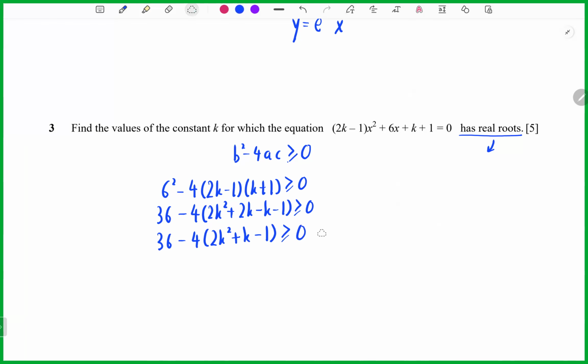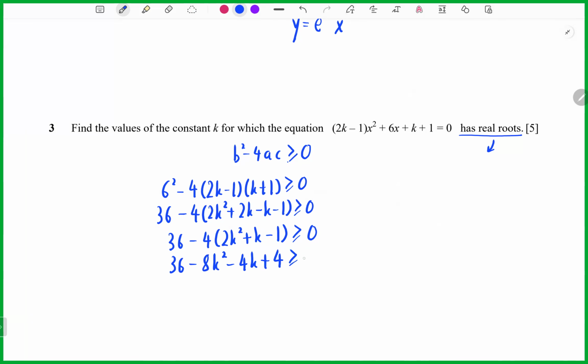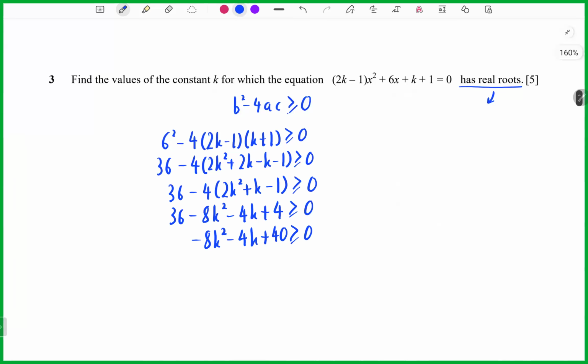Now we can start to expand: 36 minus 8k squared minus 4k plus 4 more than 0. So negative 8k squared minus 4k plus 40 more than 0. So we can try to divide by 4 first.